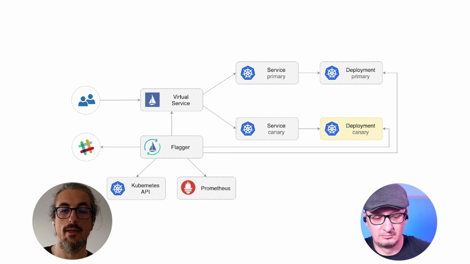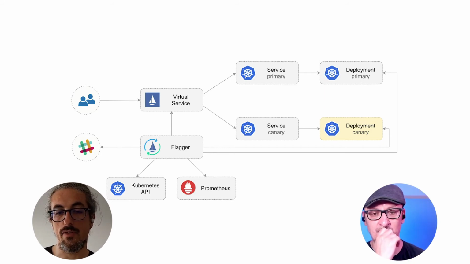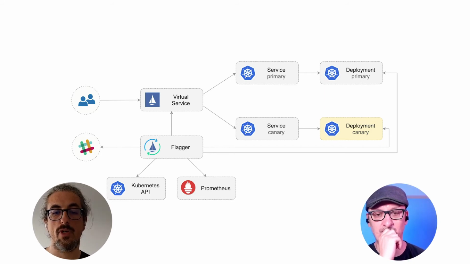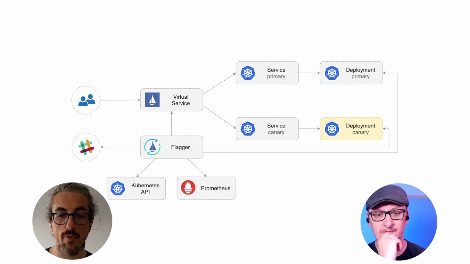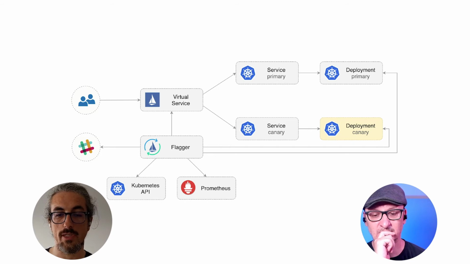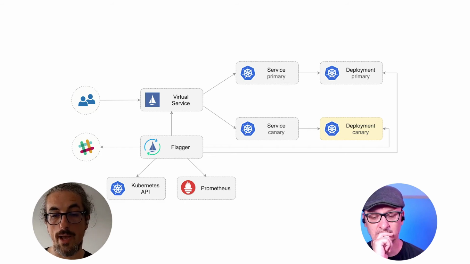This new traffic goes to the new version, and the metrics from Istio end up in Prometheus. And Flagger looks at those metrics and says, this metric is okay or is not okay. So based on those metrics, it either continues the rollout, or otherwise does a rollback and starts sending all the traffic to the previous version.